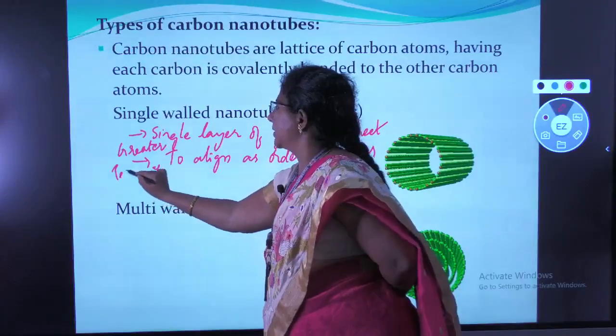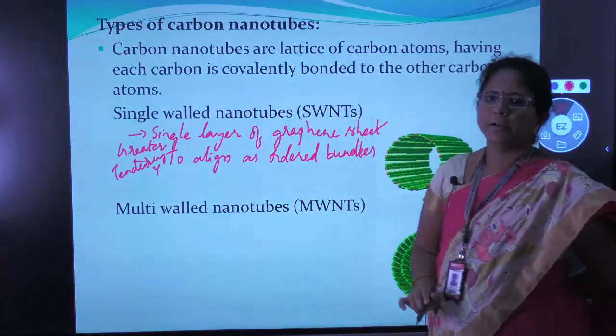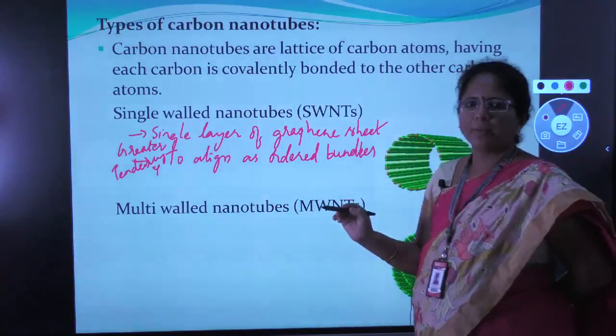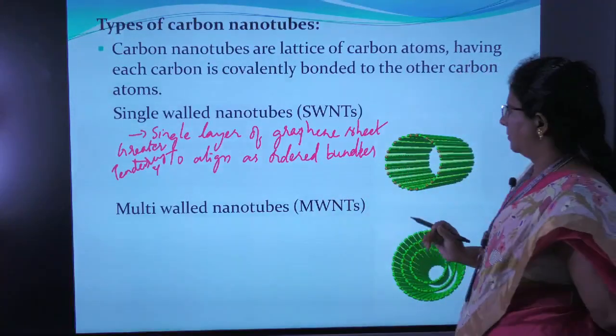These single walled carbon nanotubes are mainly used to study the properties of the nanotubes.